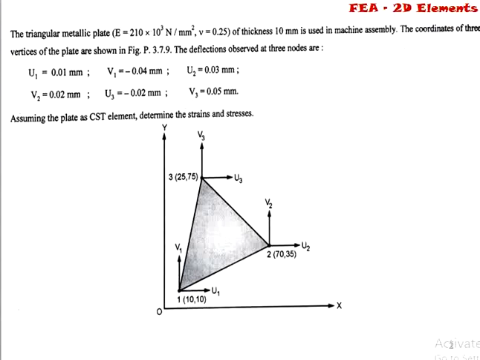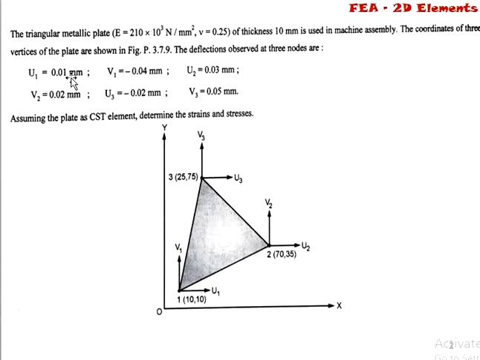The deflections observed at the three nodes are, u represents deformation in the x direction and v represents deformation in the y direction. So respective deformations in x and y at nodes 1, 2, 3 are given.